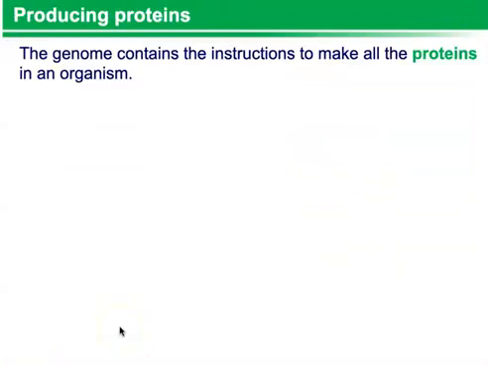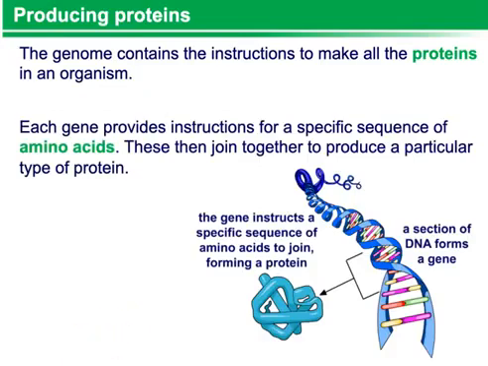Producing proteins. The genome contains the instructions to make all the proteins in an organism. Each gene produces instructions for a specific sequence of amino acids. These then join together to produce a particular type of protein.